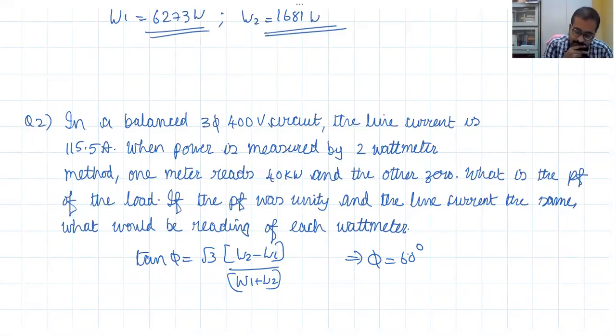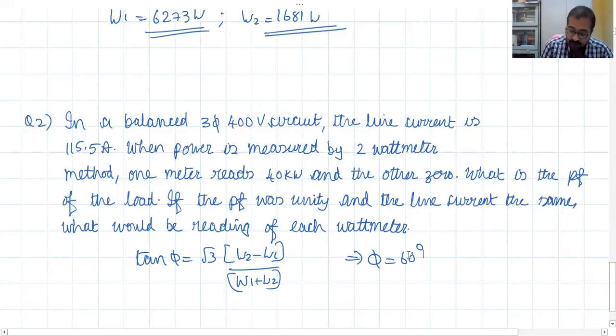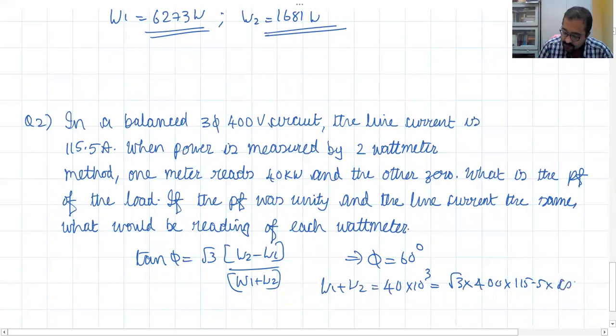Otherwise, how will you find total power? One meter reads 40 kilowatts and the other one reads 0. So W1 plus W2 is nothing but 40 kilowatts, and that should be root 3 into VL, VL is given 400, into IL, IL is 115.5, into cos phi. From here also you can calculate cos phi. How much would you get?